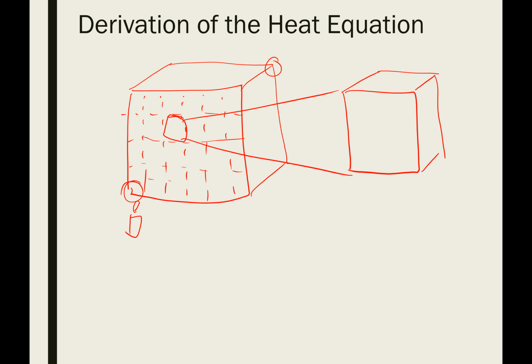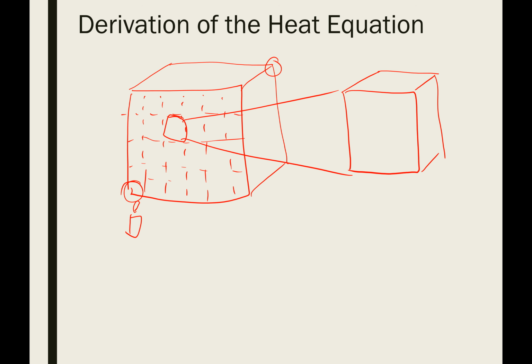Just to help our brains, we imagine a big solid mass, and we divide it up into little cubes. Then we take one of those cubes and do an energy balance on it. Because this cube is completely embedded within this bigger mass, the only way that heat can get in or out of it is by which mode? By conduction.